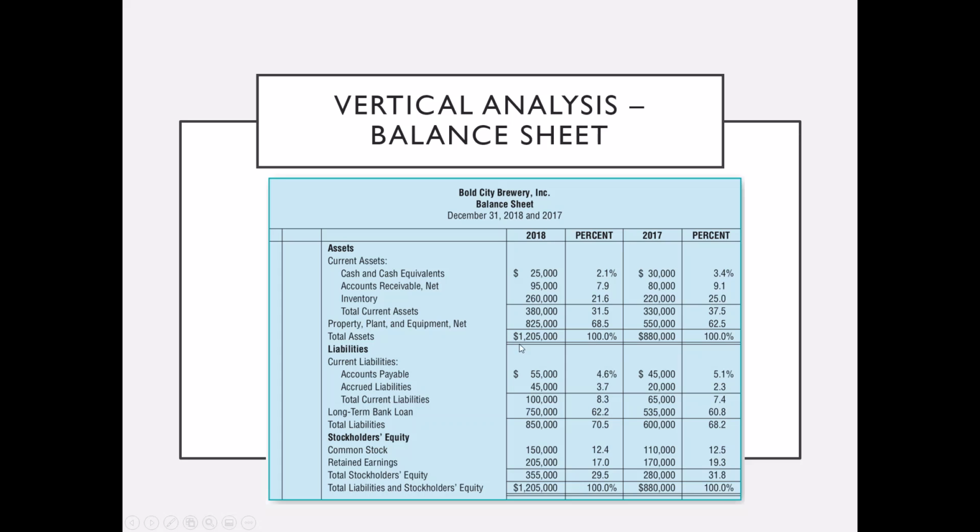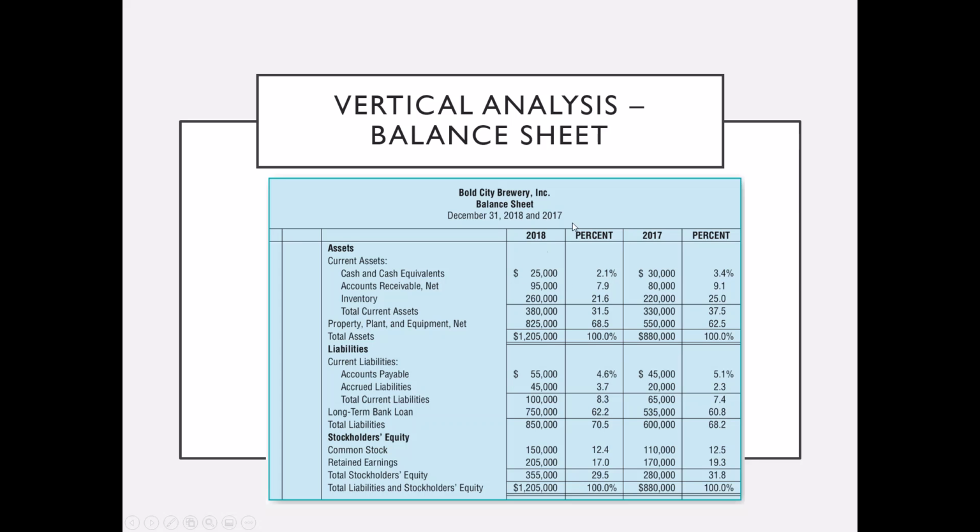So total assets is the base here, right? When you get to the other side of the balance sheet, the liabilities and stockholders' equity, then total liabilities and stockholders' equity is the base. Said another way, accounts payable, the 55,000, gets divided by the 1.205 million, and that works out to be 4.6%.